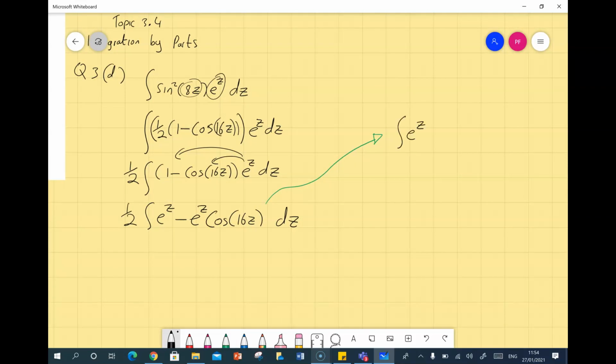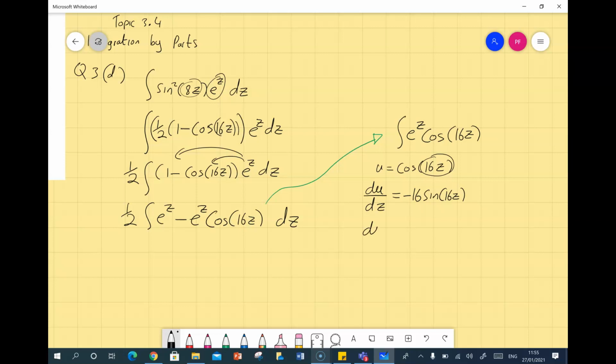I'm only interested in the e to the power of z cos 16z. I'm leaving the minus behind me, I'll bring that back in later. So u equals cosine of 16z. I'm picking that for u purely because it's easier for me to differentiate it than integrate it. So du dz, the derivative of cosine is minus sine, and the derivative of 16z is 16. So minus 16 sine of 16z.